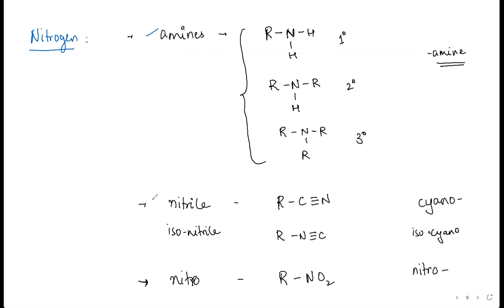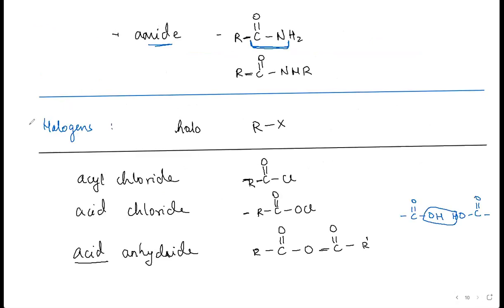You won't be studying the preparation and properties of nitriles and nitro compounds and everything else. So you have oxygen based compounds, amines, and haloalkanes and haloarenes. That's it. There are a lot of other molecules too, like amino acids and carbohydrates. But mostly we'll cover these at this stage.